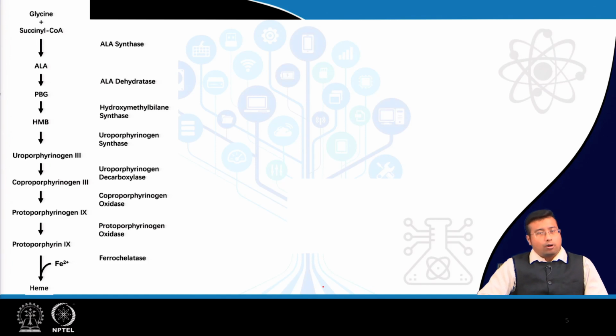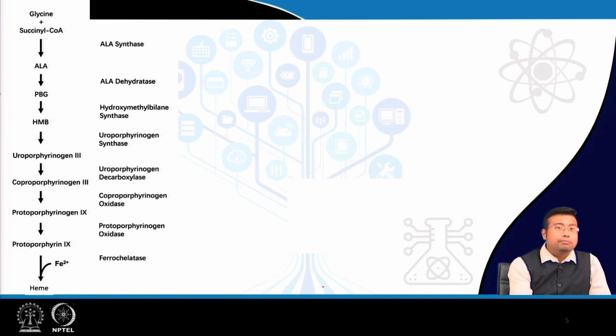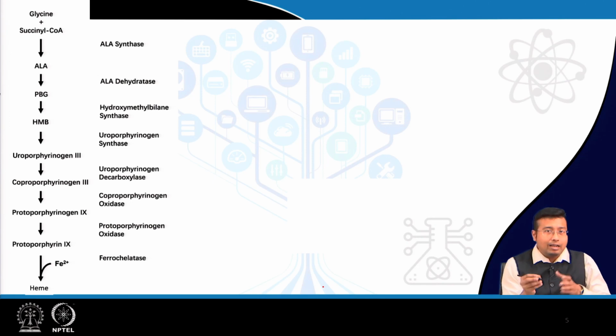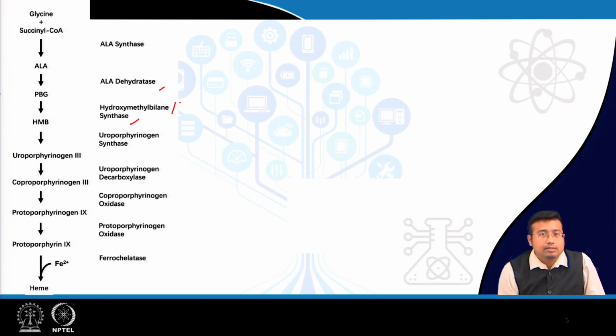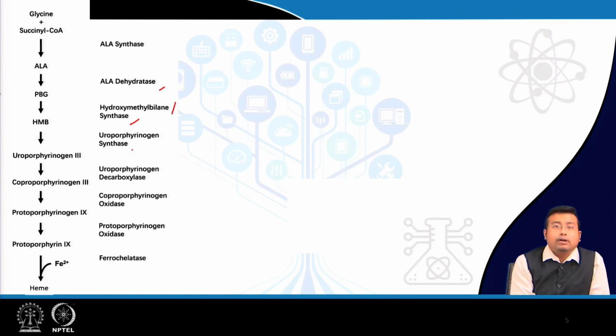Not only the products, you will also have to remember the enzymes that were catalyzing the reactions. The first enzyme is ALA synthase, which helps in the combination of succinyl CoA and glycine. Thereafter ALA dehydratase, then hydroxymethylbilane synthase, which is also known as porphobilinogen deaminase. This enzyme has multiple names, even uroporphyrinogen 1 synthase. Thereafter, uroporphyrinogen 3 synthase, also known as co-synthase.